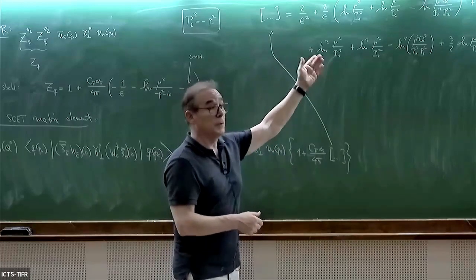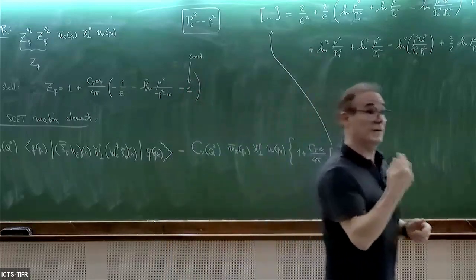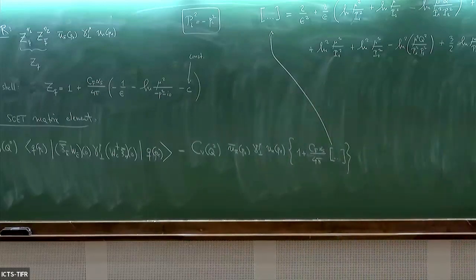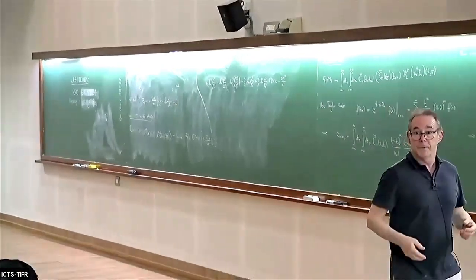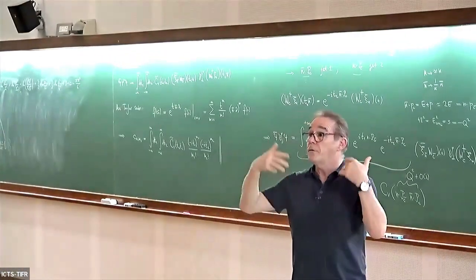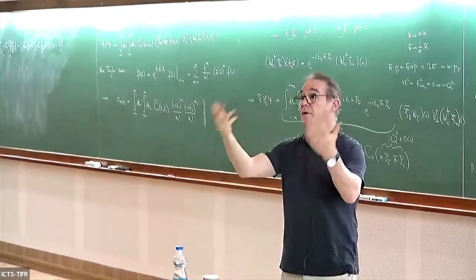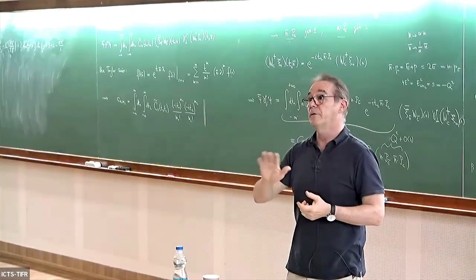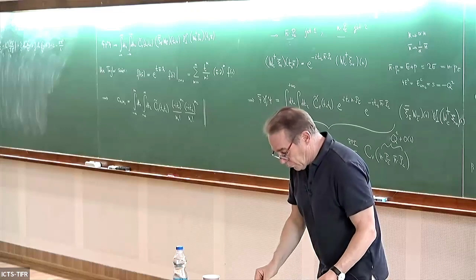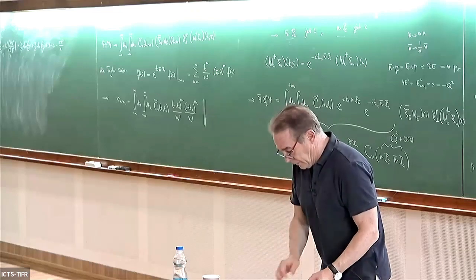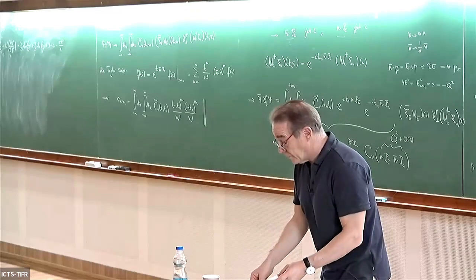We'll remove these poles with an ultraviolet renormalization of the SCET operator, and that has the advantage that it gives us for free the renormalization group equation for that operator, the anomalous dimension, etc. We'll talk a lot about renormalization group in the last lecture after the break.